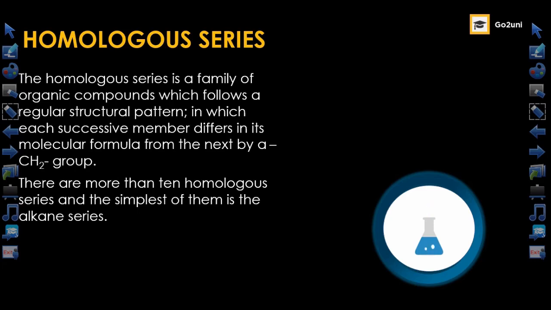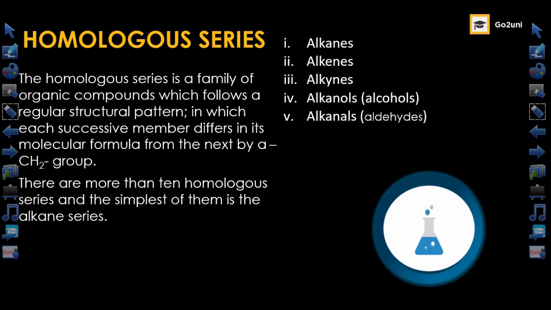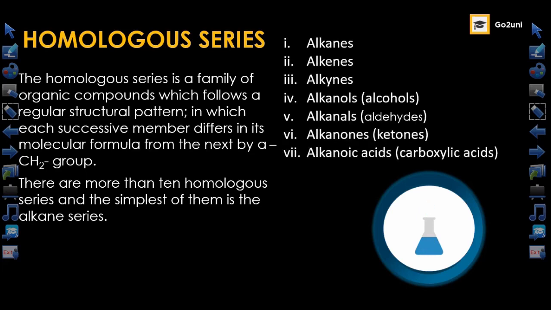That is just what it's going to give me. So what we are trying to say is, in any given homologous family, each member differs from the next member by a CH2. So we are going to take a look at examples of homologous series so that we can get to understand what this homologous series is all about.